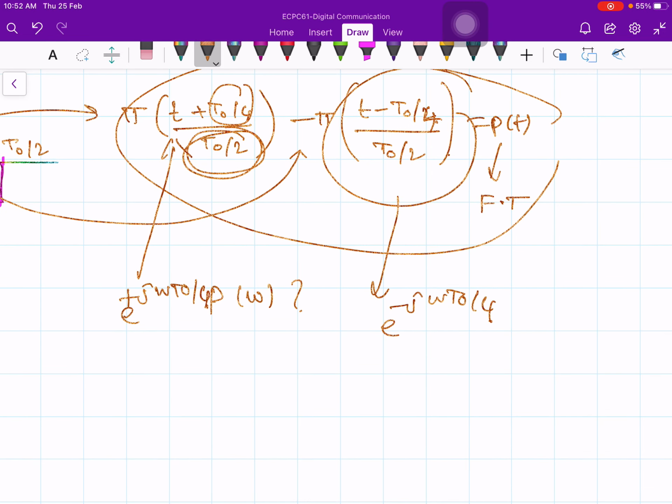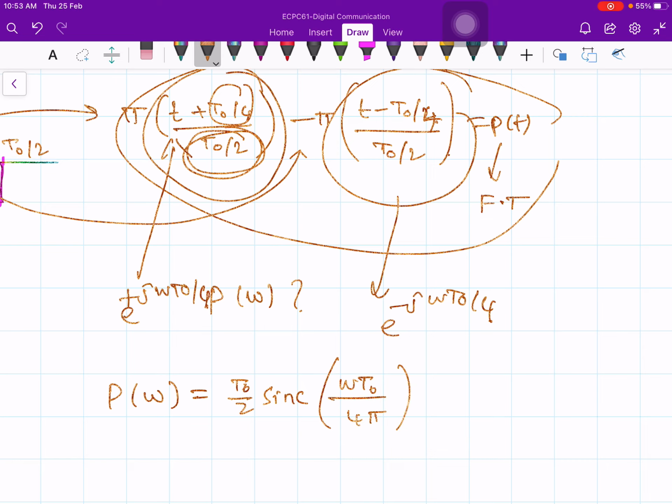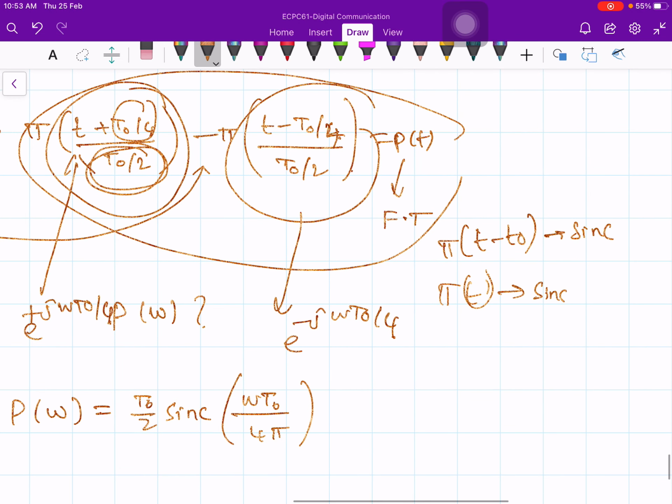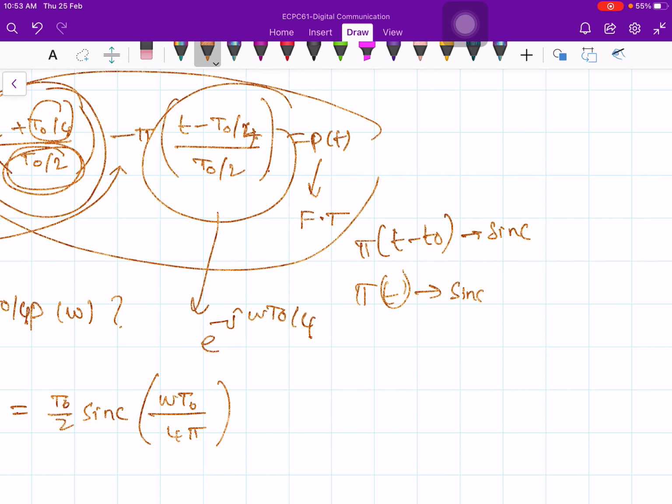Okay, therefore, P of omega is equal to the sinc pulse t0 by 2 sinc of omega t0 by 4 pi, because it is an advanced pulse, right? If it is pi of t, you can take the Fourier transform and you will get a sinc function. But if you take a time delay t minus t naught, then what will you get? By the time shifting property of the Fourier transform, the sinc function is multiplied by e to the minus j omega t0.